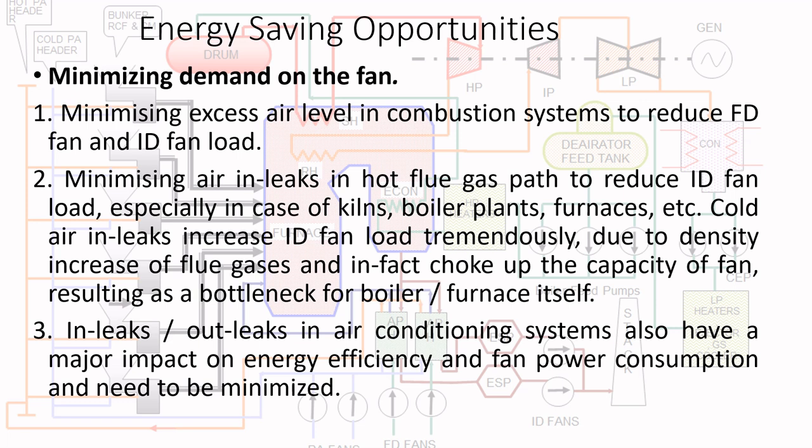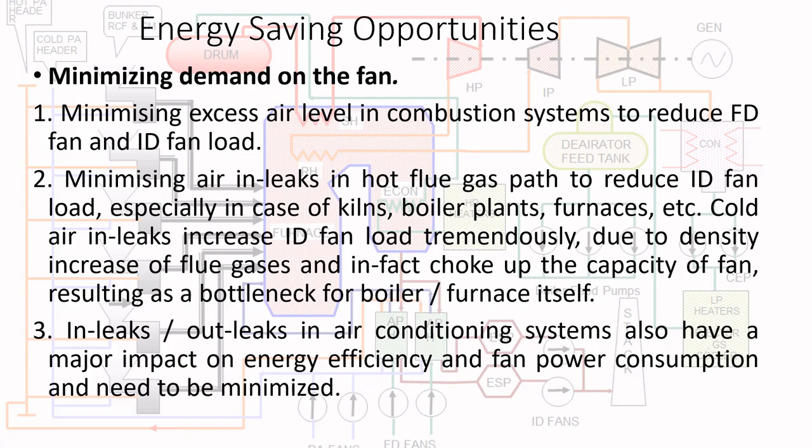Minimizing the air in-leaks in the hot flue gas path to reduce ID fan load, especially in case of kilns, boiler plants, furnaces, etc. Cold air in-leaks increase ID fan loading tremendously, and due to the density increase of the flue gases and in-duct choke up of the capacity of the fan, it becomes a bottleneck for the boiler or turbine itself, the boiler furnace itself. In-leaks and out-leaks in air conditioning systems also have a major impact on energy efficiency and fan power consumption and need to be minimized.